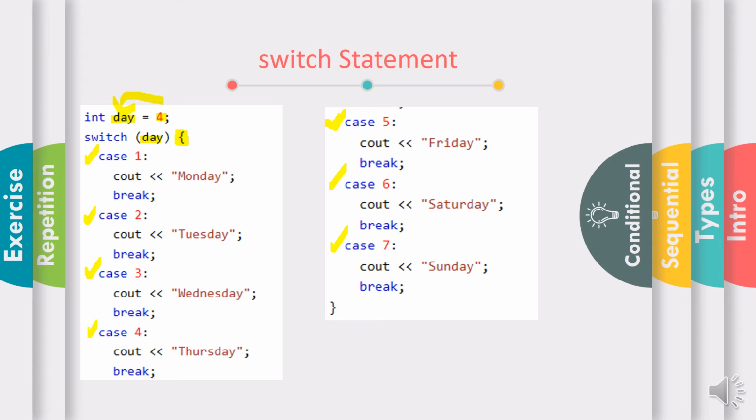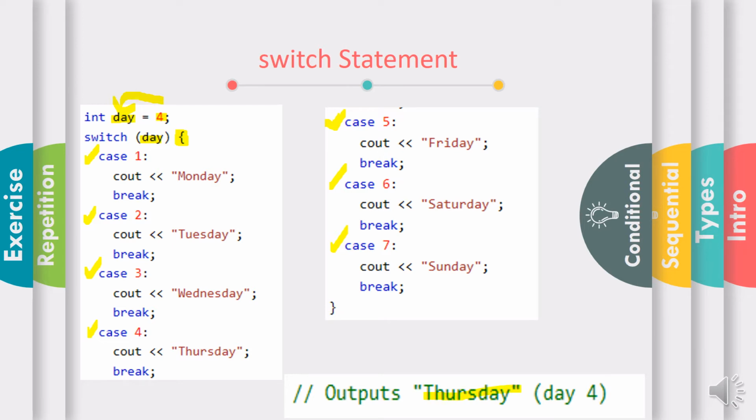So, when the variable value is 4, then it means case 4 will be executed. So, the output of this program is Thursday, because we have selected 4.